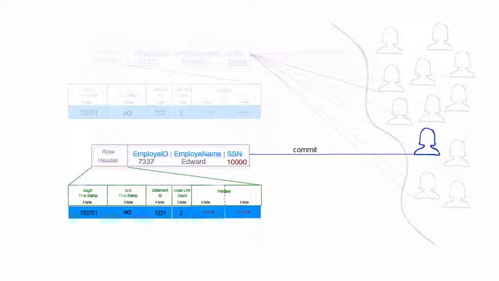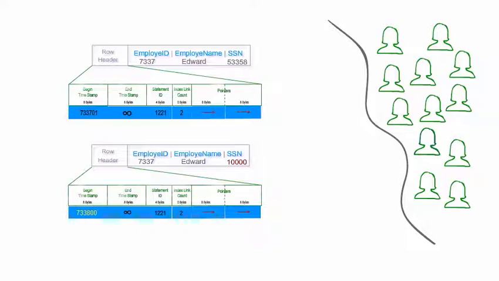But once changes are committed, the begin timestamp will be changed for the new version, and the same timestamp is updated as the end timestamp of the last version of the same row. This new end timestamp for a row version makes it invalid and invisible for future transactions.